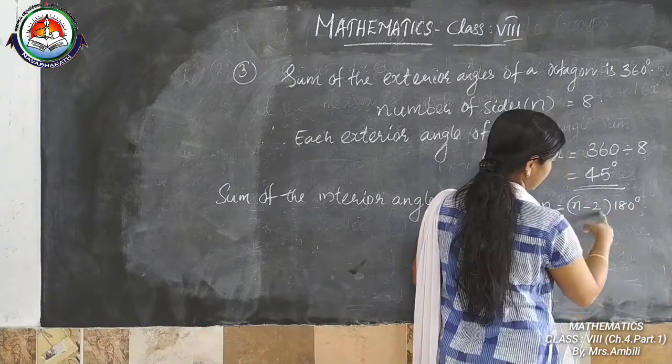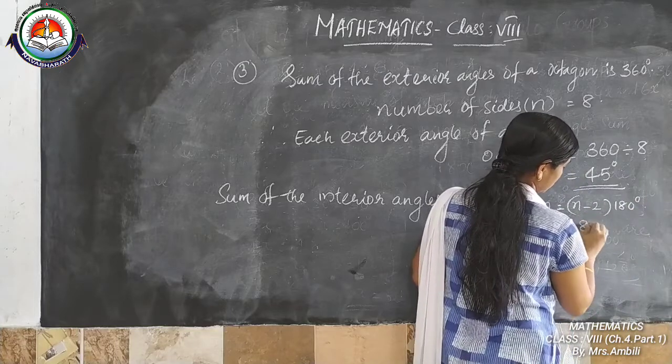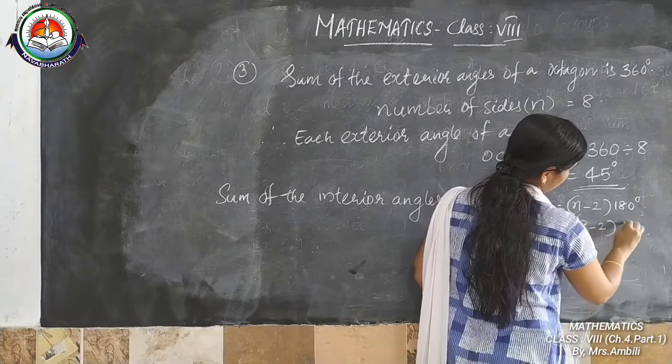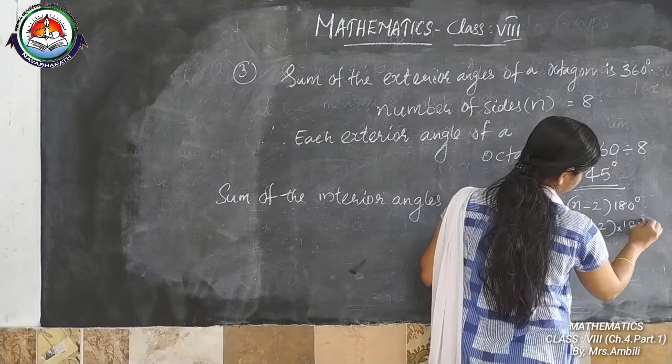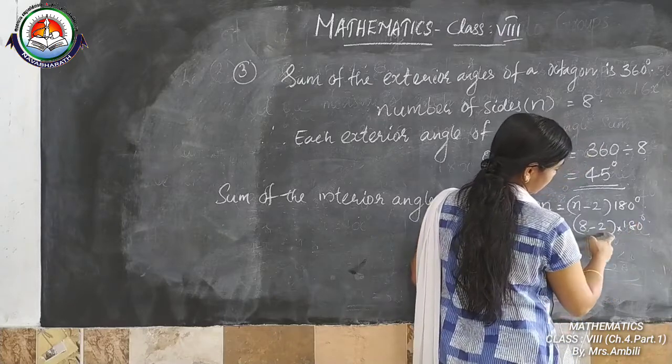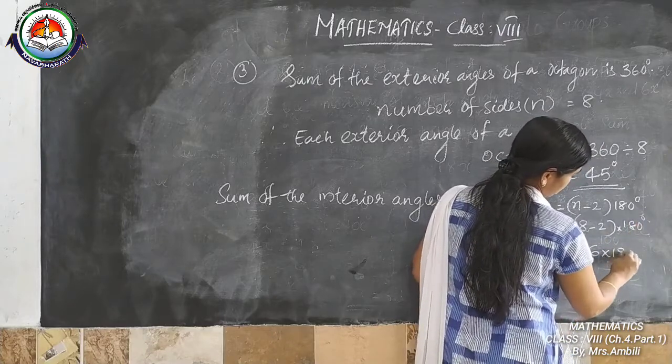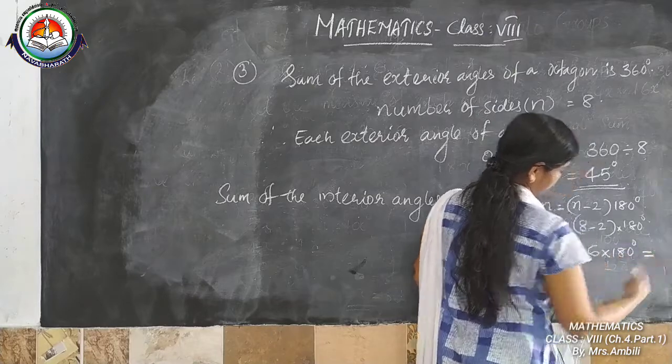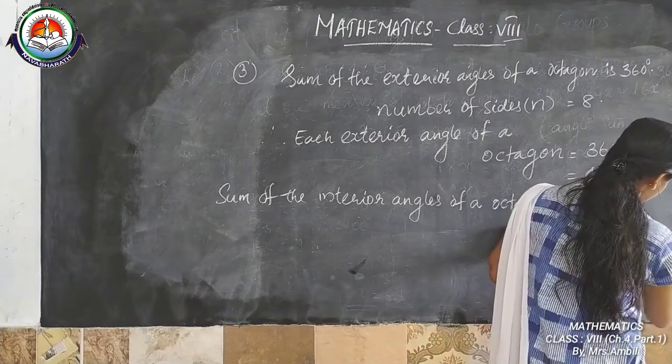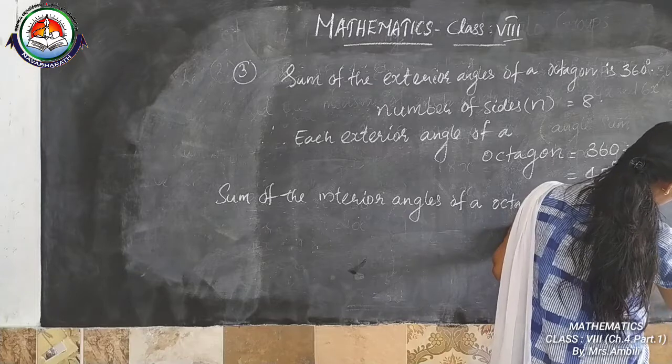What is n here? 8. 8 minus 2 into 180 degree. What is 8 minus 2? 6. 6 into 180 degree, that is 1080. Okay.